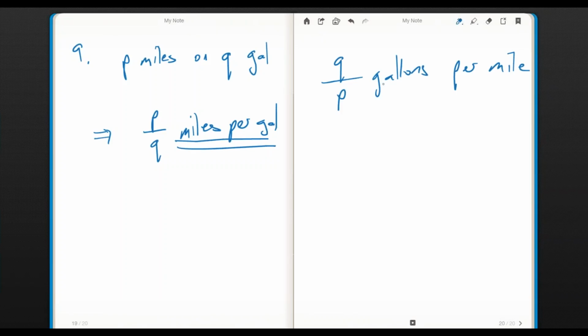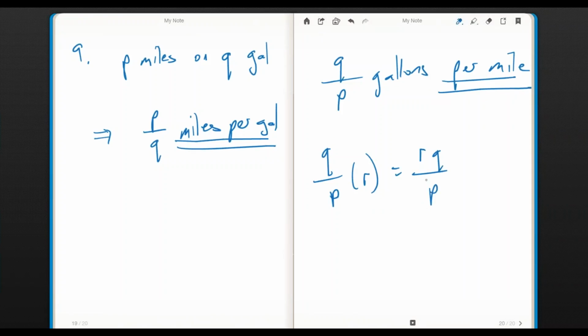Every mile you go, you have to use this many gallons, right? And so if I'm going every mile, I do this many gallons. Then if I go R miles, I have to do a multiplication problem and find that. And so it ends up that RQ over P is the correct answer.